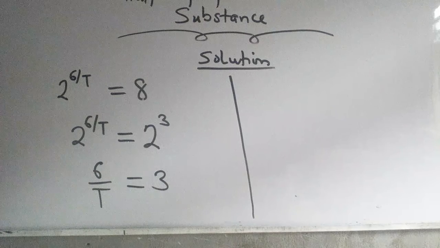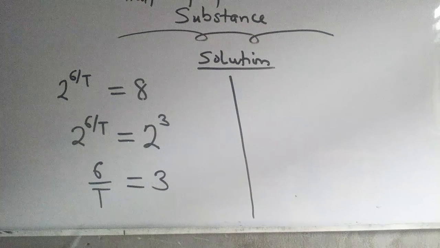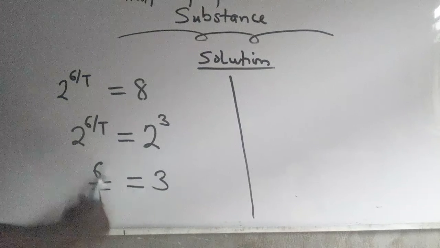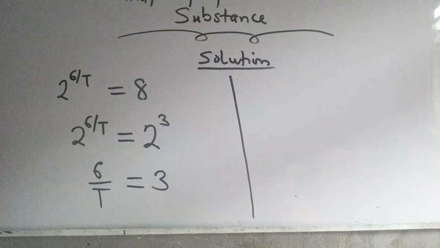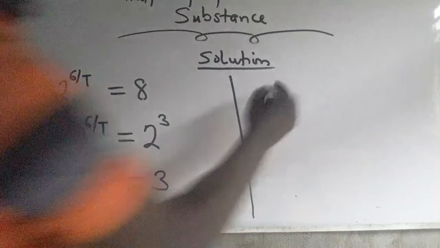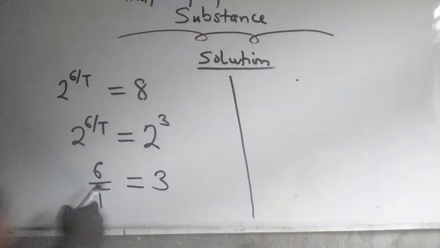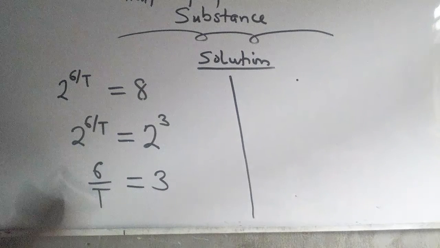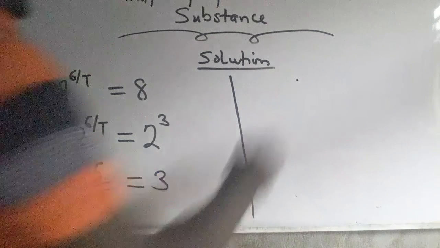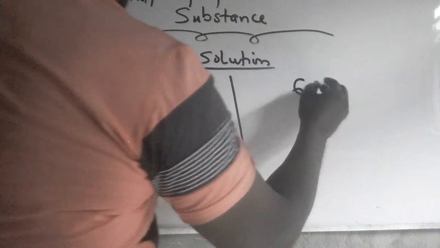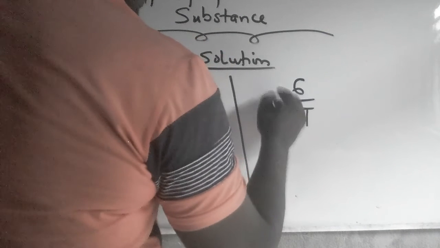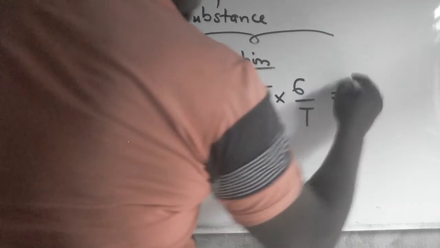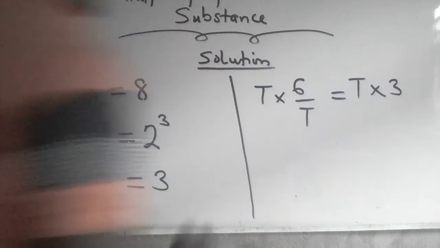Then the next step is to express T in terms of the two numbers 3 and 6. Or let's put it this way, is to make T the subject of the formula. So to make T the subject of the formula, we multiply both sides by T. And we have 6 over T times T is equal to T times 3.